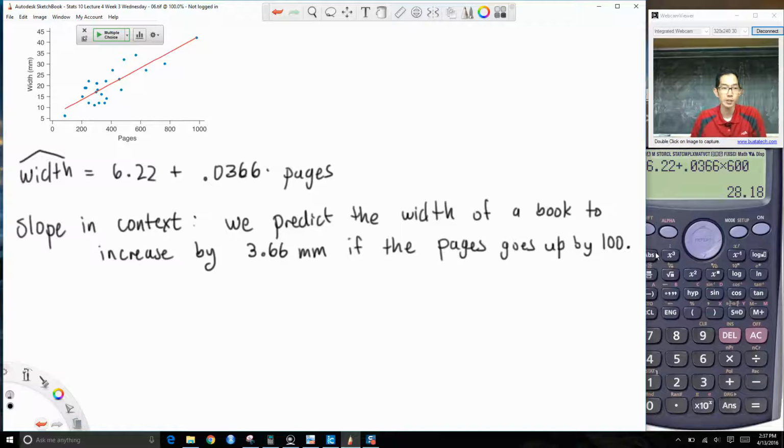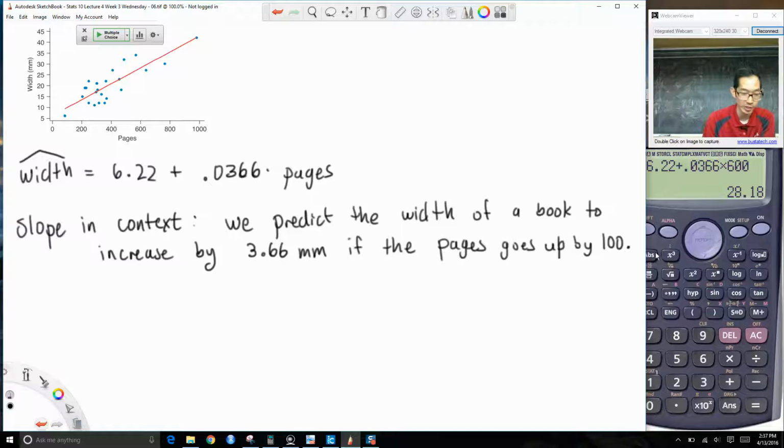Okay, so the generic interpretation of the slope is if you increase x by 1, this is how much your prediction changes. It's important that you have somewhere in there that your prediction changes by this much, or we expect y to change by this much. But don't say that y actually does change by this much, because increasing a book by 100 pages does not necessarily mean that it will definitely go up 3.66 millimeters.